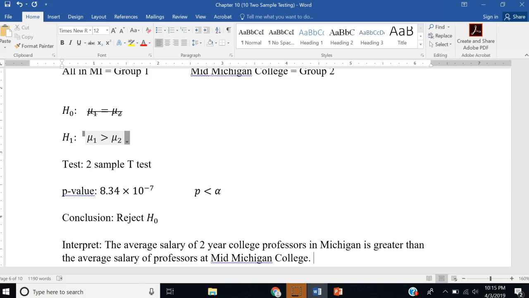But that's it. The average salary of two-year college professors in Michigan is greater than the average salary of professors at Mid-Michigan College. So there you have it.